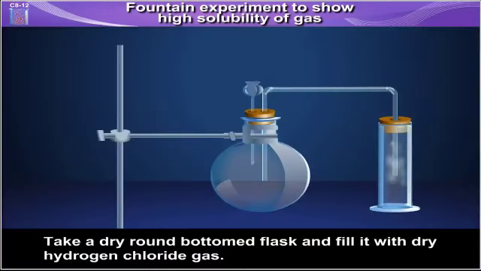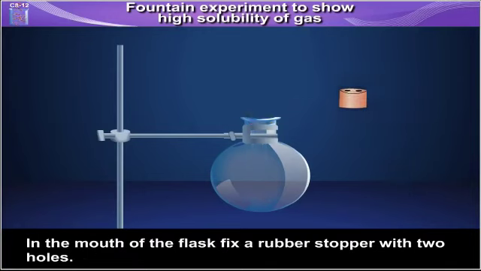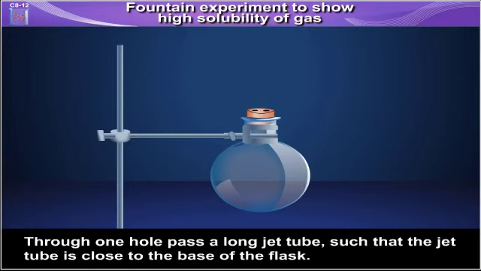Take a dry round bottom flask and fill it with dry hydrogen chloride gas. In the mouth of the flask, fix a rubber stopper with two holes. Through one hole, pass a long jet tube such that the jet tube is close to the base of the flask.